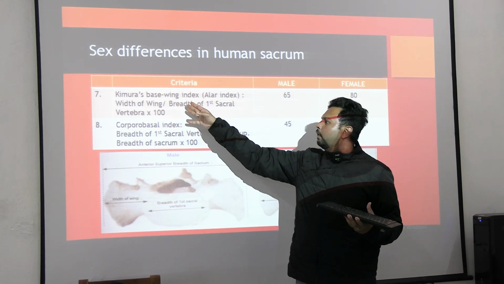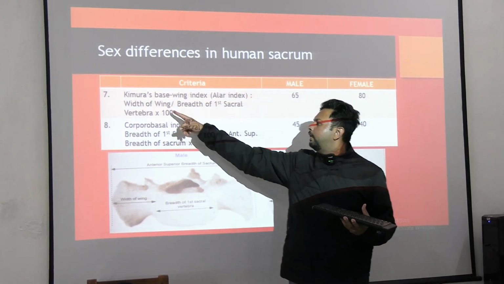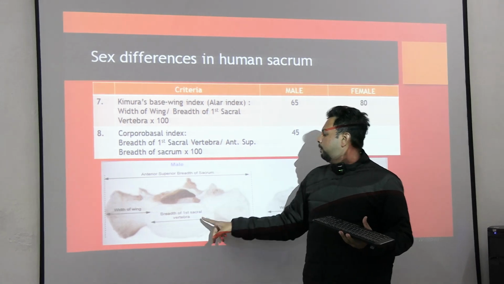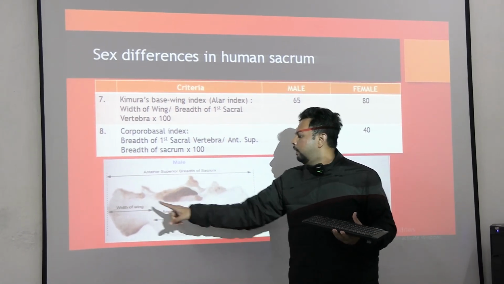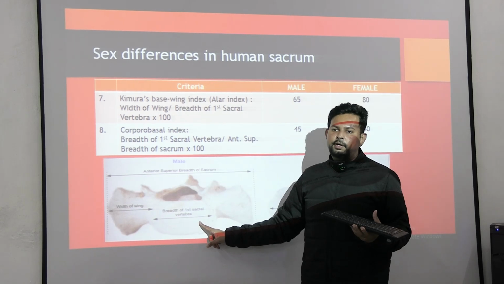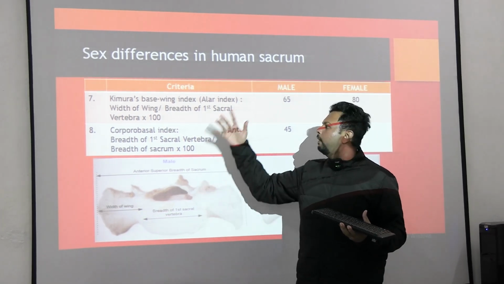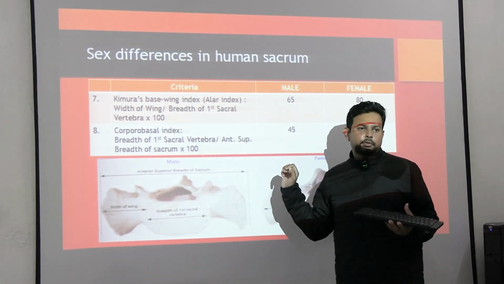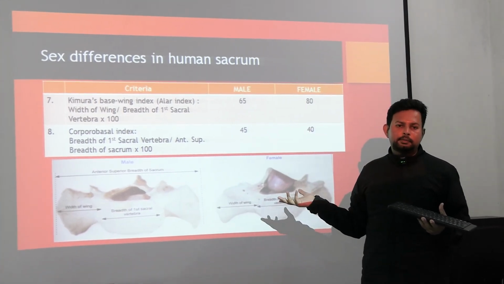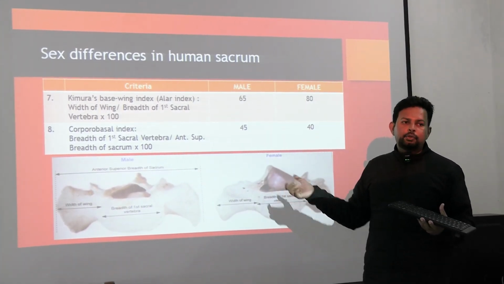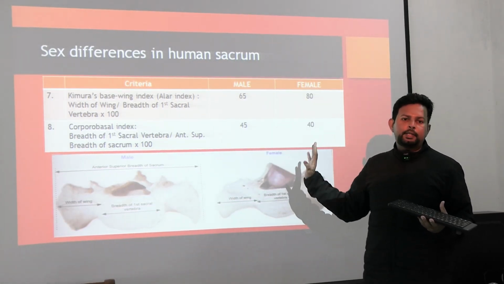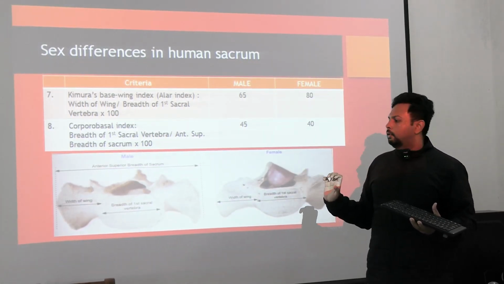One is the Kimura base wing index, where the width of the wing is taken and the denominator will be the breadth of the first sacral vertebra. Width by breadth of first sacral vertebra into 100. We will get some values. So these values you have to memorize, that I can't help you with. If it is below or above, accordingly we will know whether it is male or female.